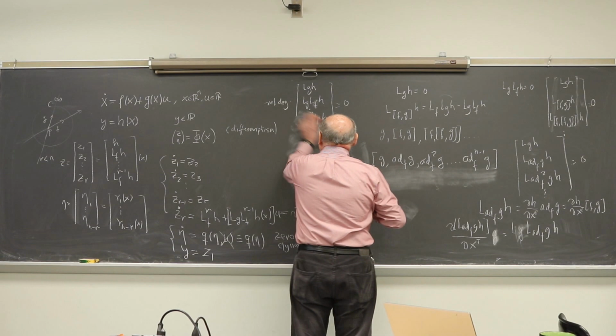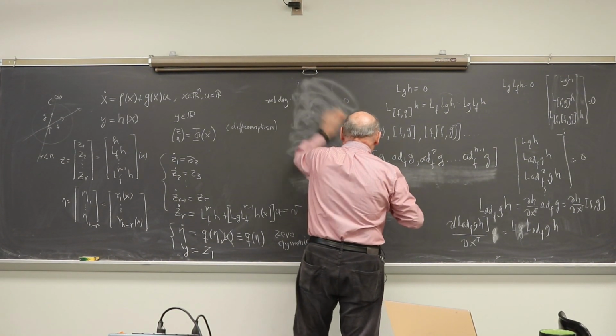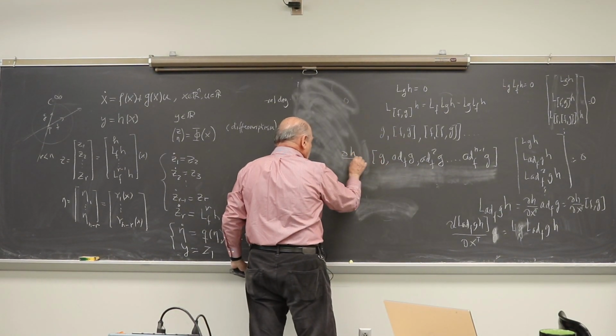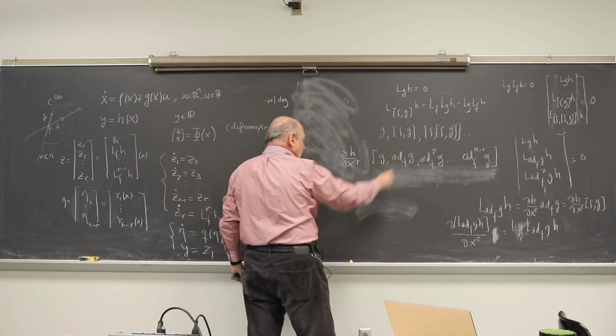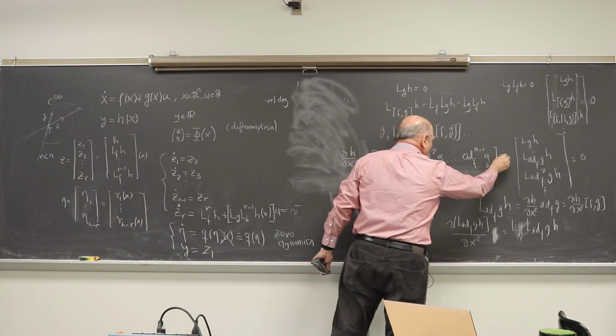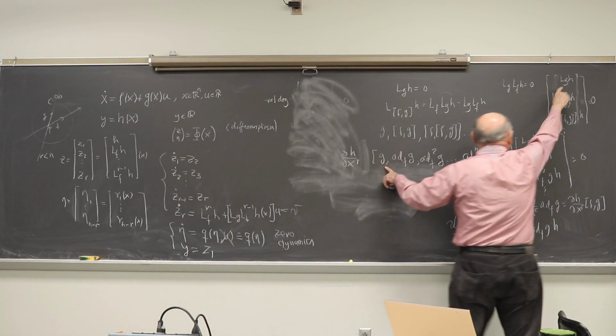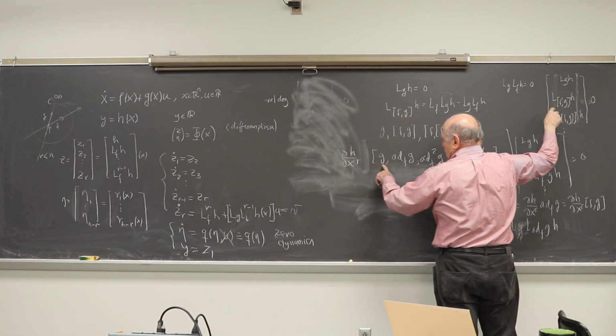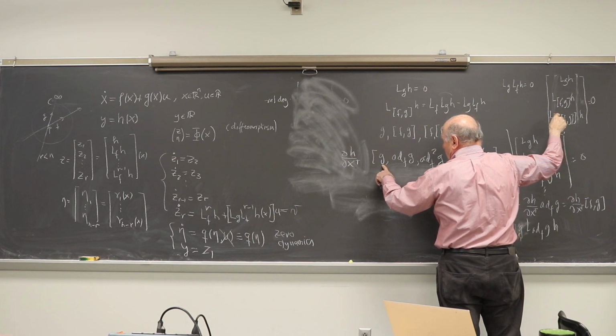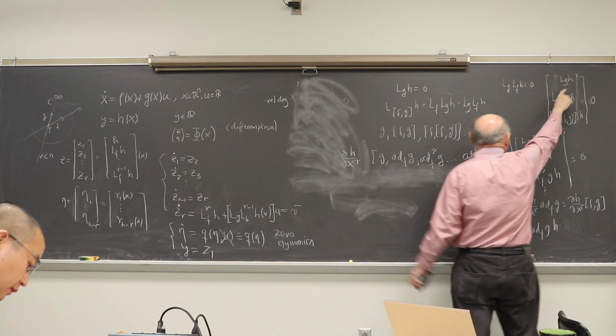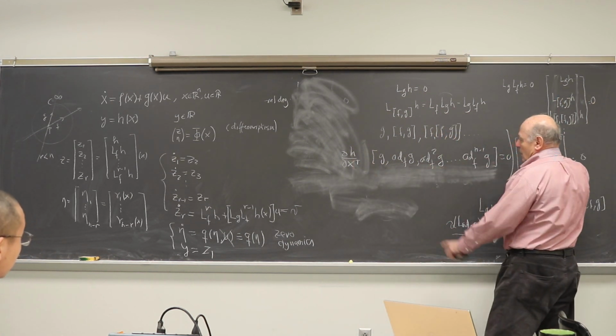Let me erase this. The gradient of h multiplied by this will be 0. Because this already contains the first condition, Lg h, partial of h with respect to x, that's the directional derivative along the direction of g, of h, that's that one, that has to be 0.